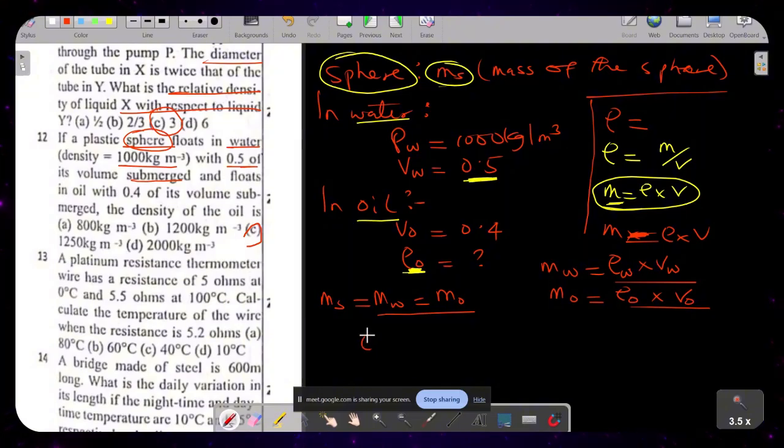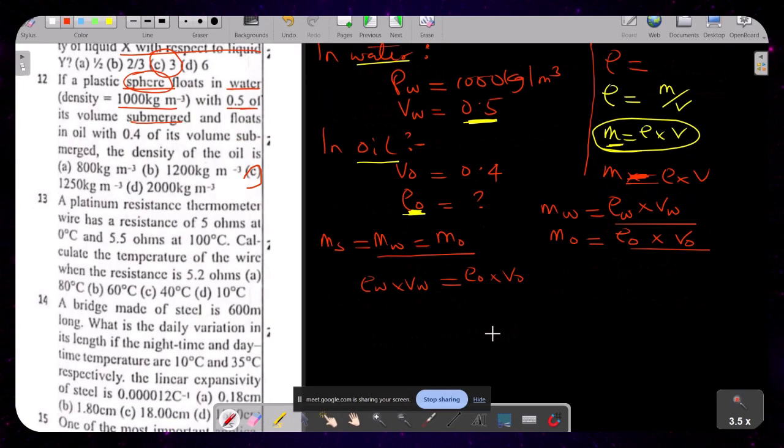If you equate these two together, I'm going to have density of water times volume of water, the mass of water is the same thing as this, still equal to density of oil times volume of oil. So what we are going to do now is make density of oil the subject. We divide by the volume of oil. When you cancel this, what do you have here now?